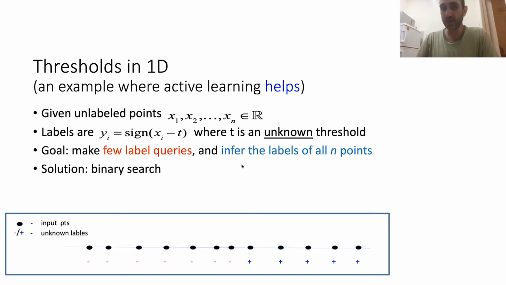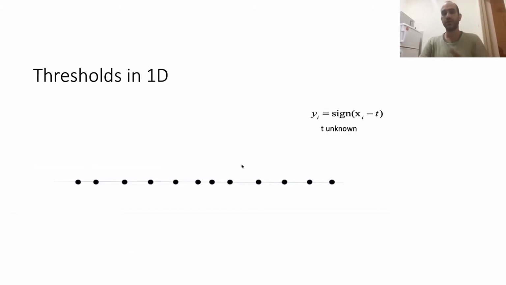The solution is, of course, binary search. Let's see an illustration of it. We begin with the middle point, and we see that the label is plus. Then immediately we can infer that everything to the right of this middle point must also be plus, because it's a threshold. Then we query the middle of the remaining unknown interval.